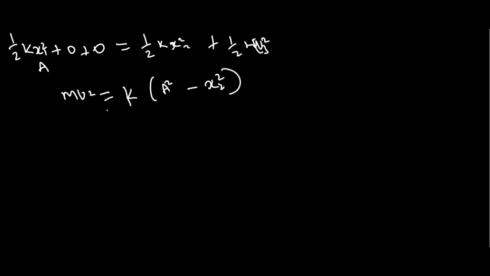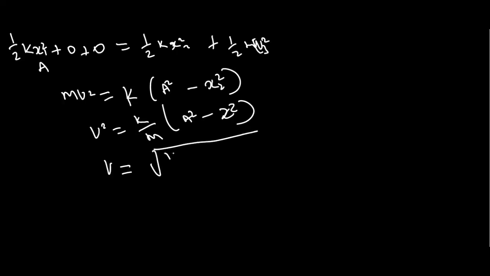Then we divide by the mass. So v squared equals k divided by m times a squared minus x squared, so v equals the root of k divided by m times a squared minus x squared.